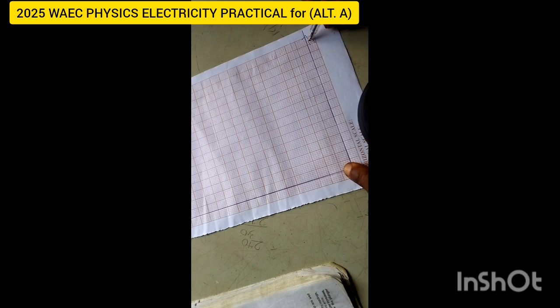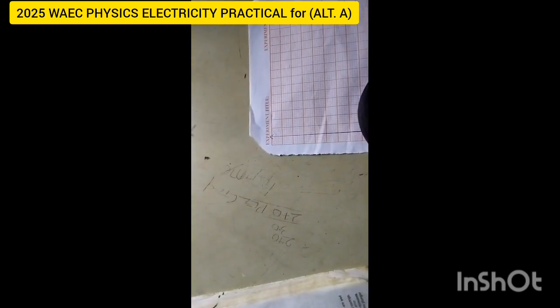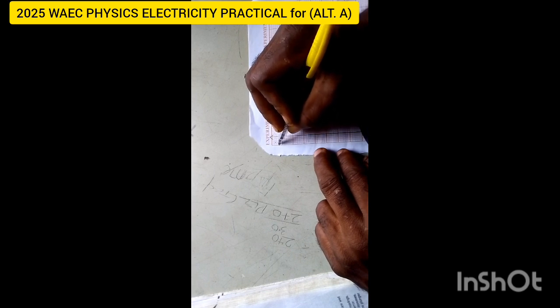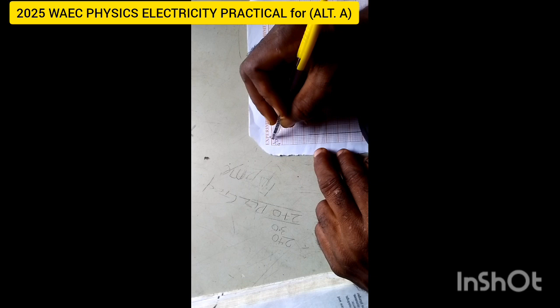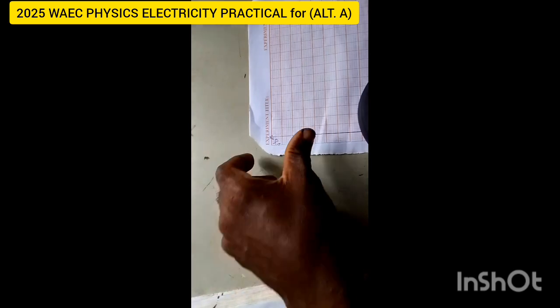As you are putting it, endeavor to put your SI unit, meaning per ampere, or A raised to power minus 1. After that, the next one is your vertical axis, V inverse, which is V raised to power minus 1. You put the SI unit there. Very important. On no condition should you forget the SI unit.